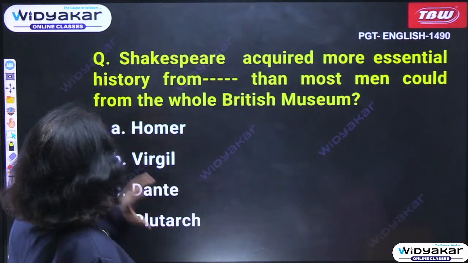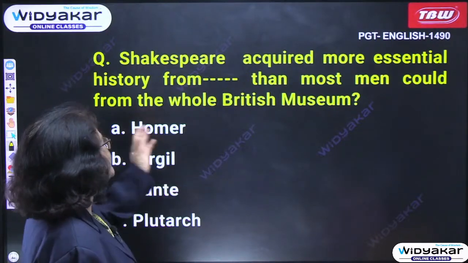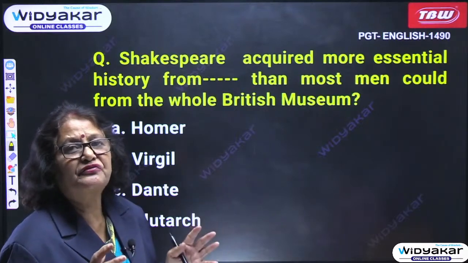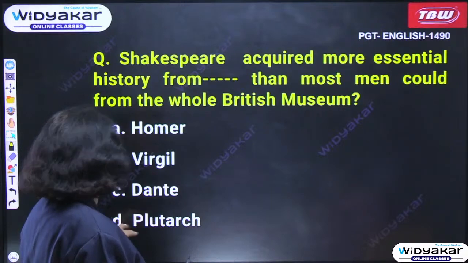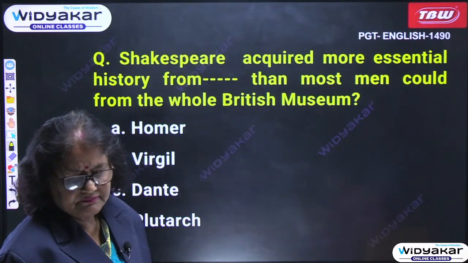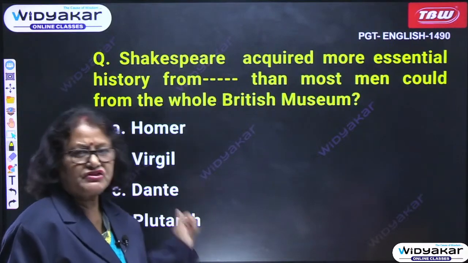Shakespeare acquired more essential history from dash than most men could from the whole British Museum. Where did Shakespeare get most of his ideas from? A. Homer, B. Virgil, C. Dante, D. Plutarch. Next question.